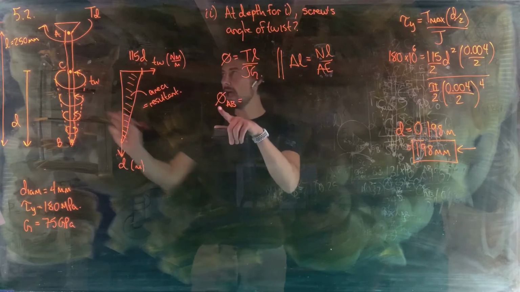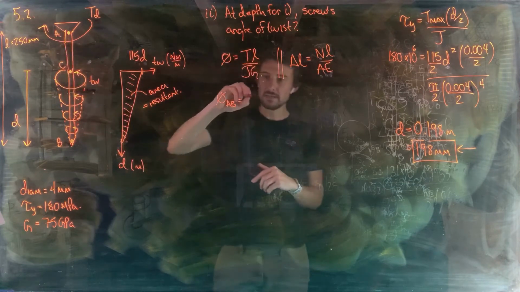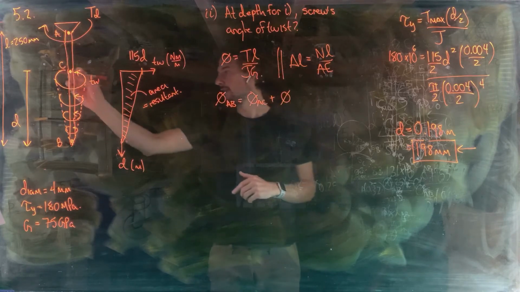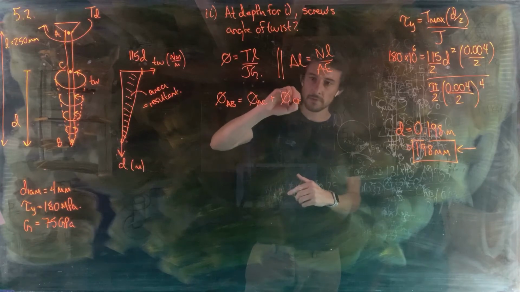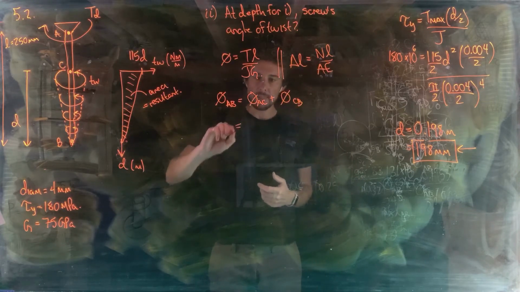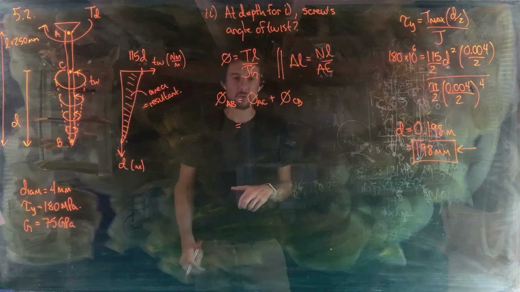is going to be the angle of twist of segment AC plus the angle of twist of segment CB. Okay, break it up into two different segments. Then we can expand these two terms out.